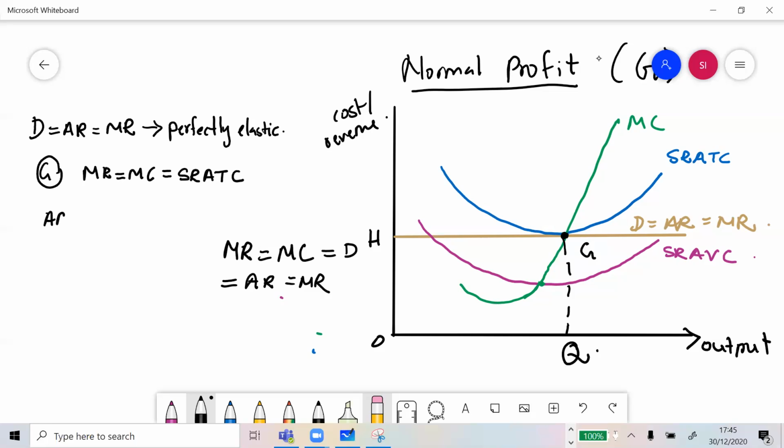Your average revenue is equal to your average total cost. Therefore, the firm is making a normal profit at point G.